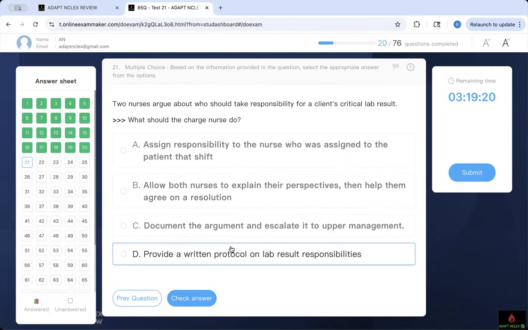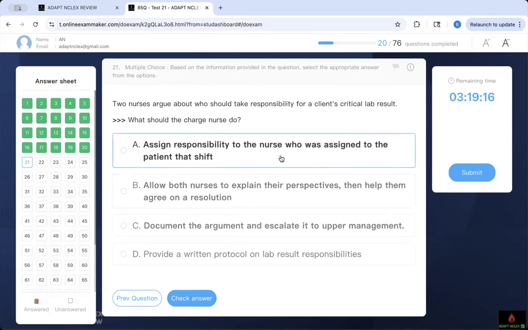They want to know who takes responsibility for the critical lab work. Assign responsibility to the nurse who was assigned to the patient that shift. Allow both nurses to explain their perspective, then help them agree on a resolution. Document the argument and escalate it to upper management. Provide a written protocol on lab results responsibility. We want something now. What do you want to do?